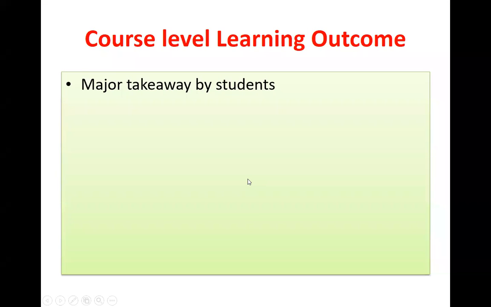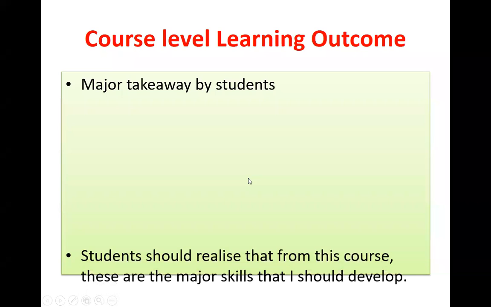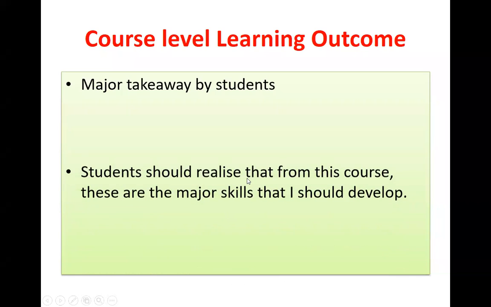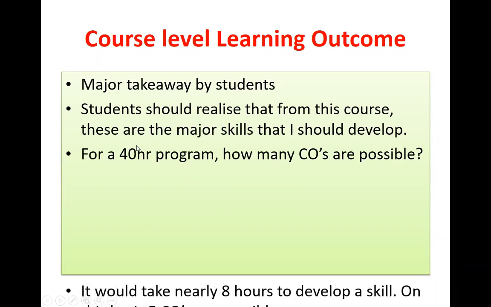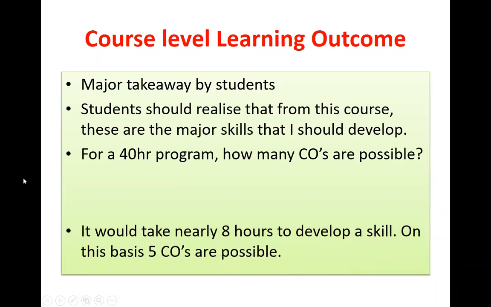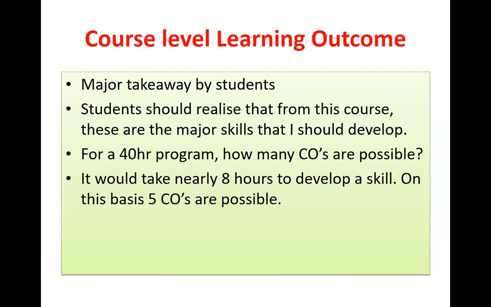Okay. So course level learning outcomes, as we have seen now, are the major takeaway by the students. Students should realize that from this course, these are the major skills that I should develop. And for a 40, so most of our courses, they come to about 40 hours. How many COs are possible?